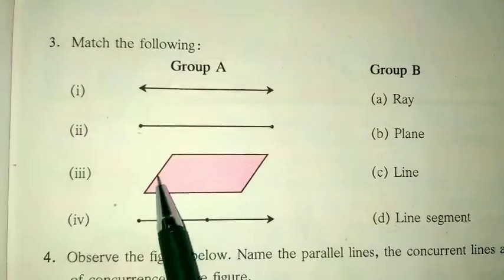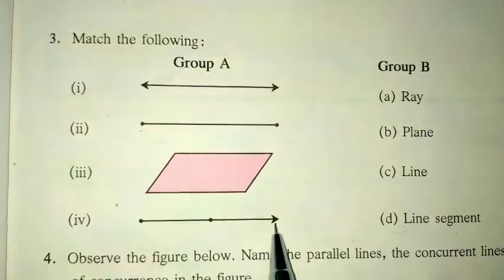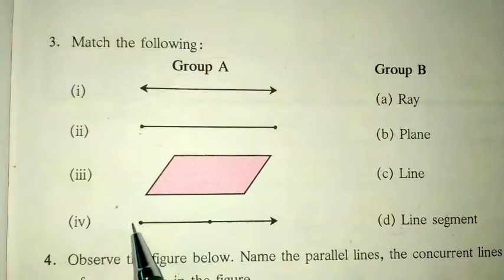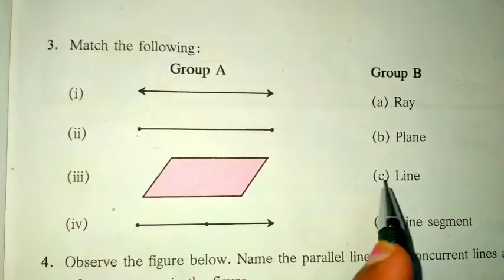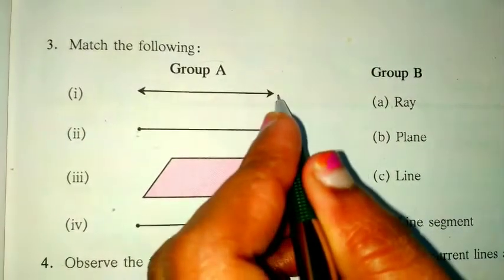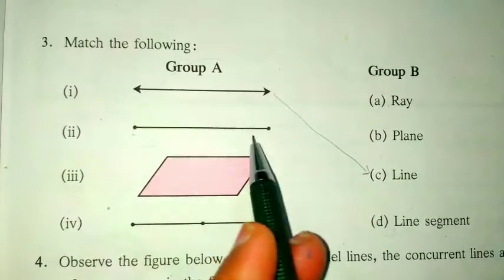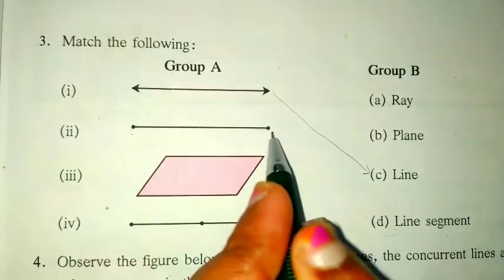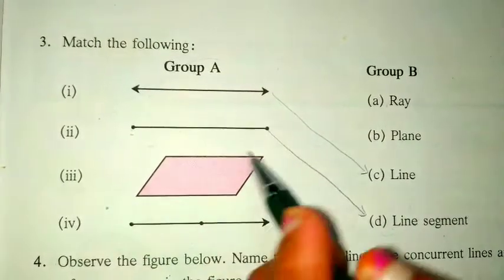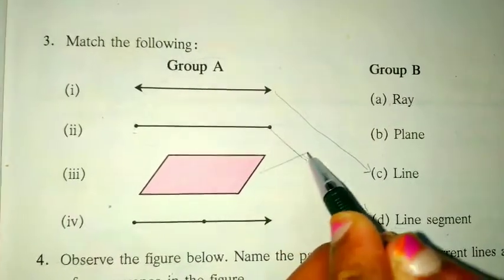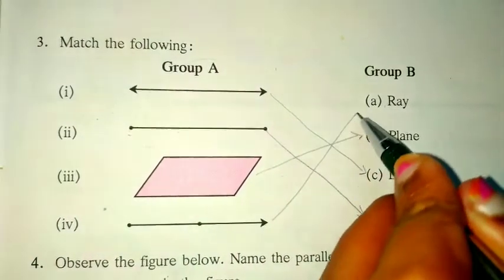And this is a plane, and a line that goes straight in one direction is called a ray. First one is a line, that is C. Second is a line segment, D. Third is plane. And fourth is ray.